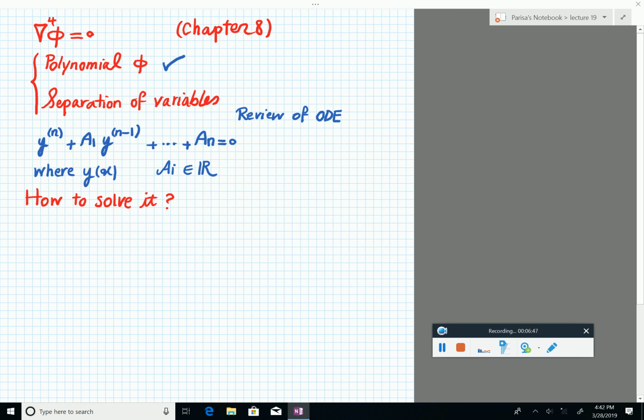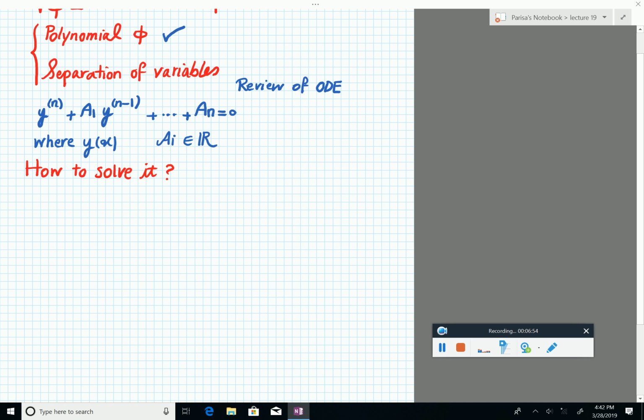So we considered exponential solutions, right? So if you consider an exponential solution, it's actually one of the easiest differential equations to solve.